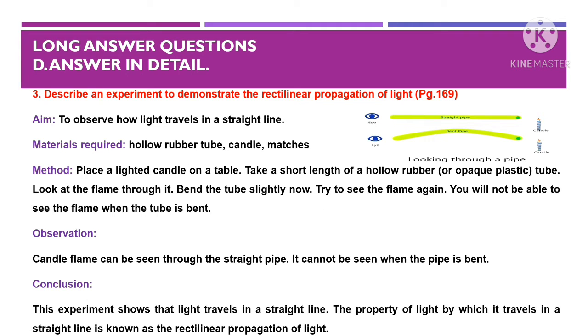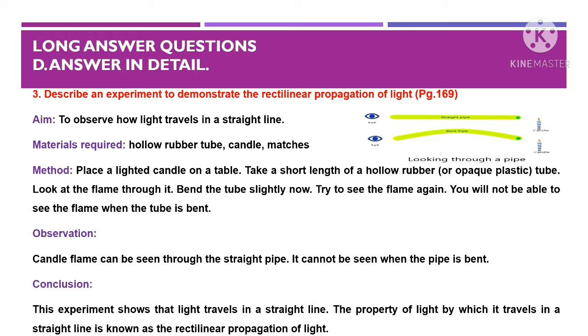Question 3. Describe an experiment to demonstrate the rectilinear propagation of light. Answer is in page number 169. Activity 15.2. Aim: to observe how light travels in a straight line. Materials required: hollow rubber tube, candle, matches.